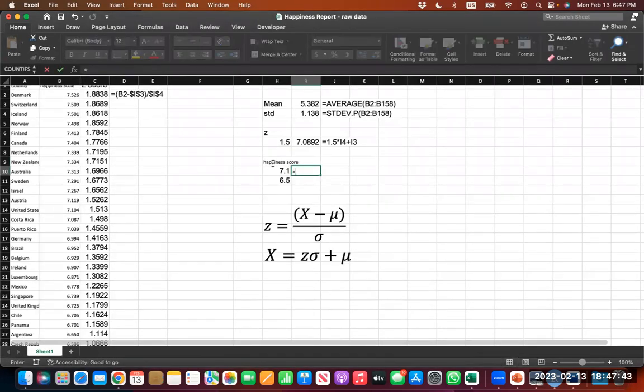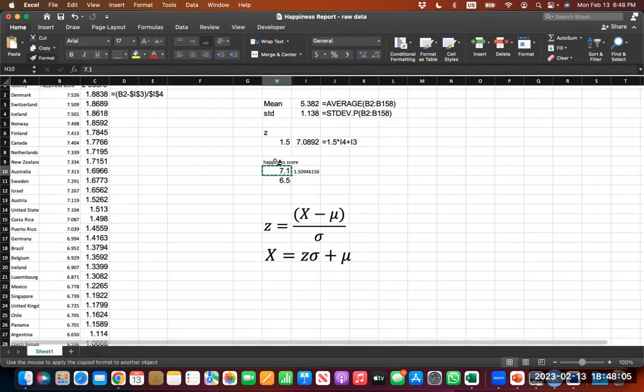If we're doing this, we calculate the individual Z for x, which is 7.1: in parentheses, 7.1 minus the mean, which is 5.38, divided by the standard deviation, gets us the individual Z score. Sorry, this is so small.